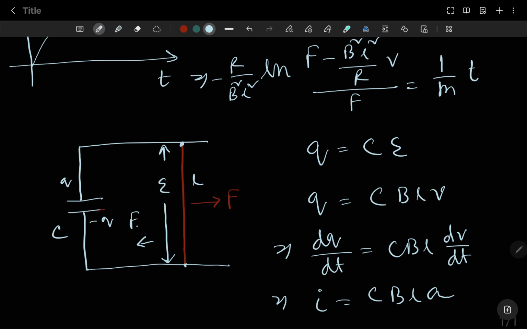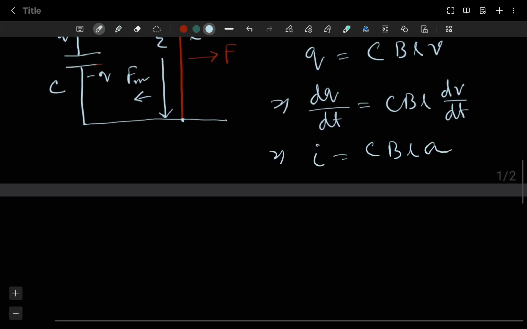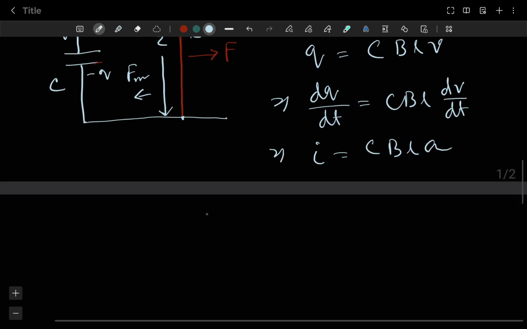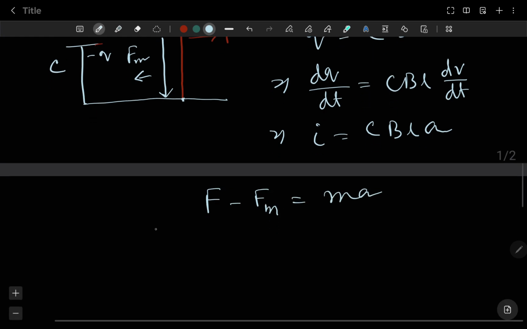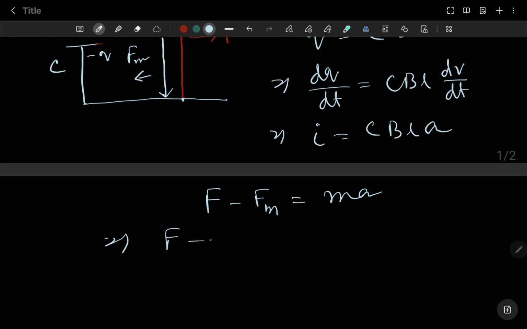and a Lorentz force will act on it on the opposite side. Okay, so here also F minus Fm is Ma. Now Fm is BIL, right?